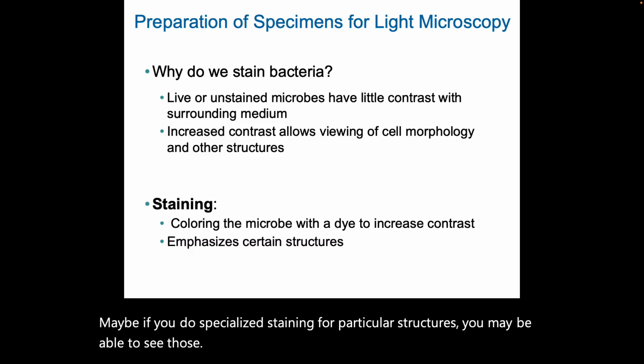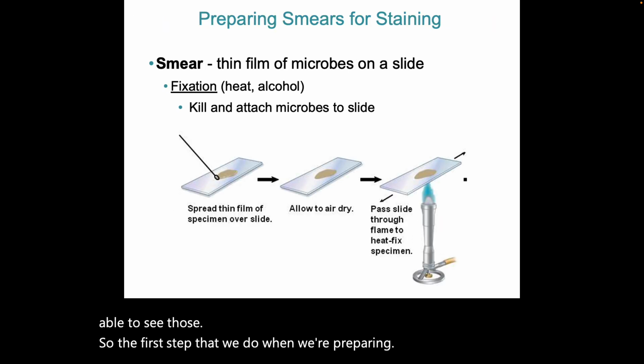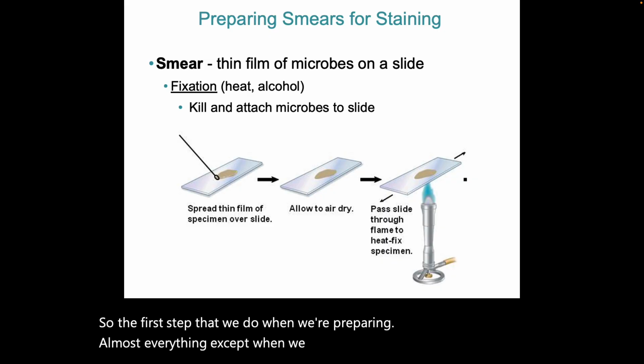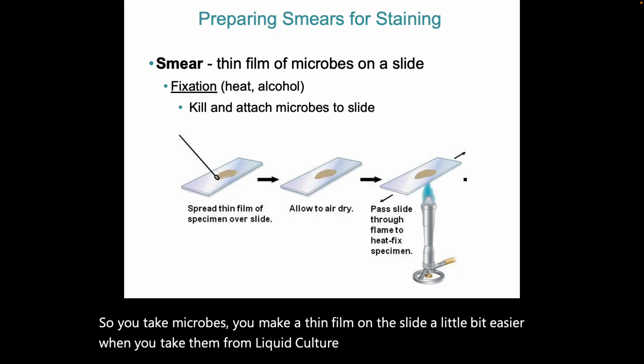So the first step that we do when we're preparing almost everything except when we do a negative stain is we make a smear. So you take microbes, you make a thin film on the slide. It's a little bit easier when you take them from liquid culture. You take a couple loops and spread it out on the slide.